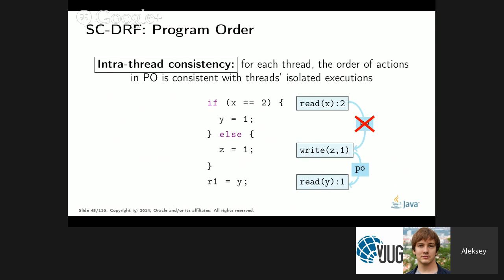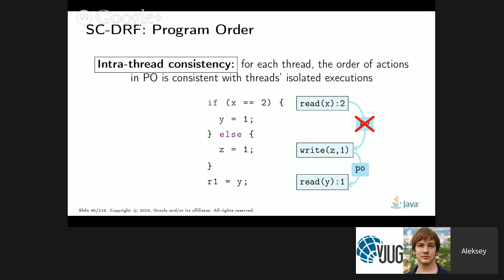And the first filter from that primordial soup is called intra-thread consistency. It says that for each thread, the order of actions in program order is consistent with the thread's isolated execution. So for instance, if I have the same program and I try to reason whether the execution on the right can be used to reason about the program behavior, I can see that the execution on the right breaks the intra-thread consistency.